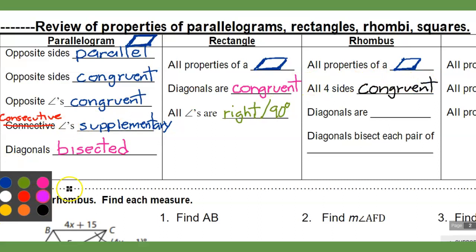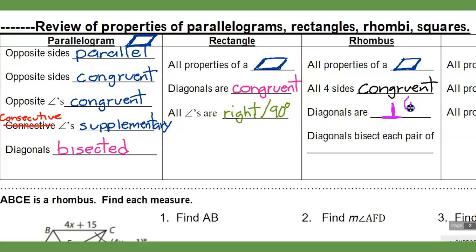For rhombus only, what's true about diagonals? These are the last two theorems on the front. Okay. They make 90 degrees, also known as perpendicular. Also, diagonals bisect each pair of opposite angles. Yeah, that's just those two theorems on the front.